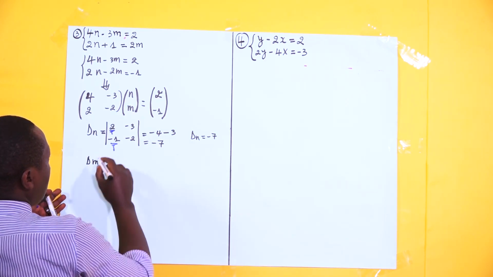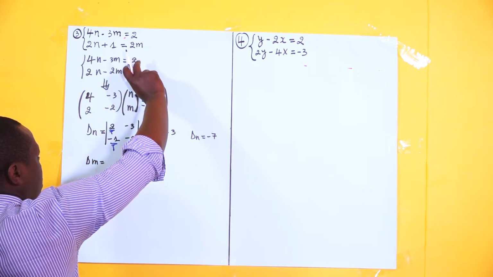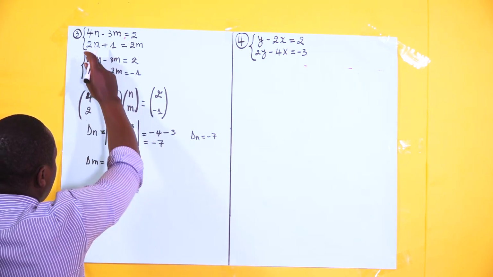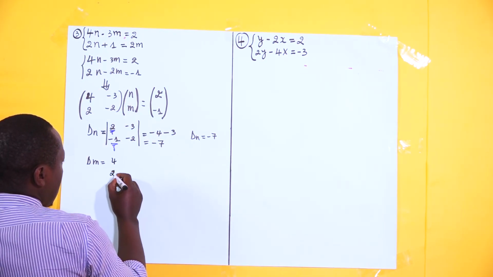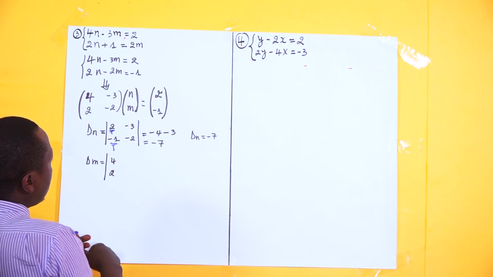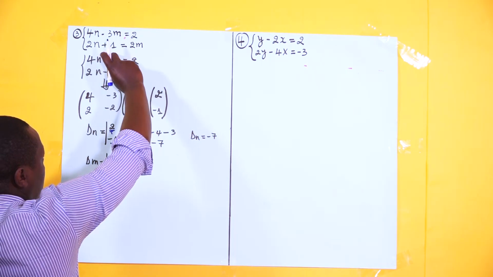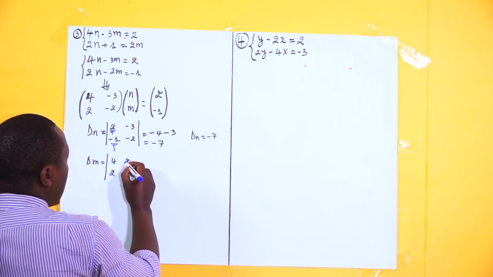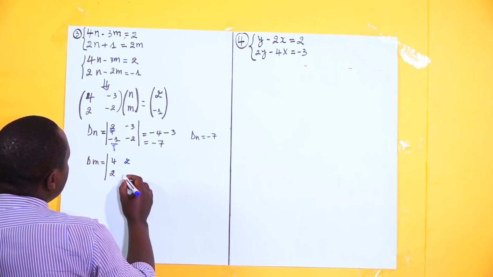We have to take the coefficient for m, then we substitute. So we write 4, this and this, and for the coefficient of m we substitute 2 and -1.